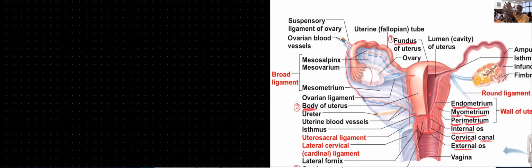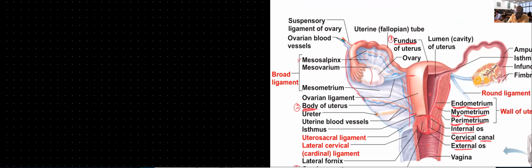Broad ligament, it's a sheet-like ligament that will be covering the fallopian tube, the ovary, and the uterus, and helps to stabilize all the female reproductive organs in their place inside the pelvic cavity.